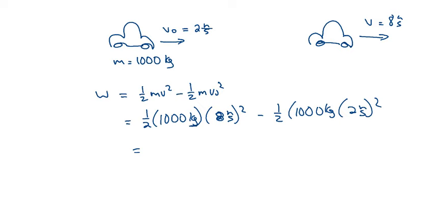Let's do one of these. Here's a box of books, and I'm going to pick this box of books up like this. So if the box of books had a mass of 40 kilograms, and I want to calculate the work that I do to raise that distance of 5 meters, then I would say work equals force times displacement. The force involved would be mg, and the displacement would be h.